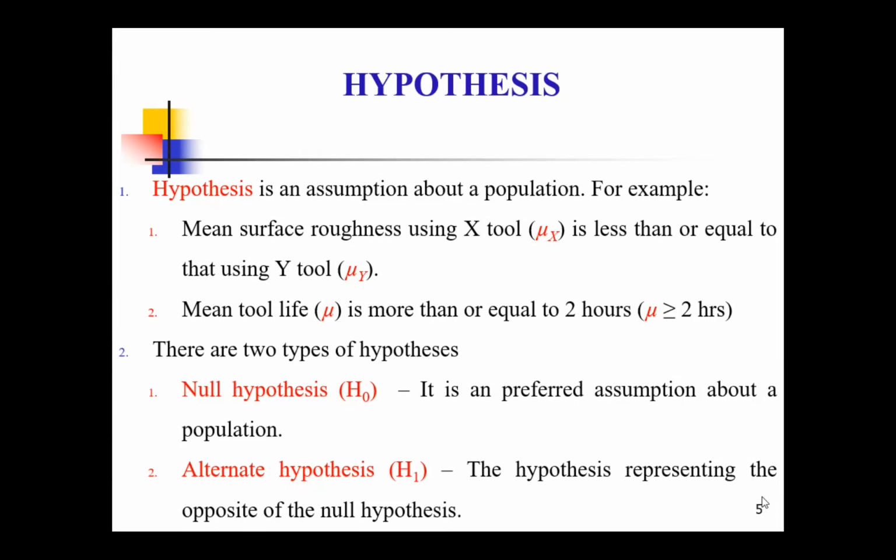In the first example, the mean surface roughness of X tool is less than or equal to that of Y tool. That is my null hypothesis. But in the alternate hypothesis, the mean surface roughness using X tool is higher than Y tool. So it is just the opposite of the null hypothesis.